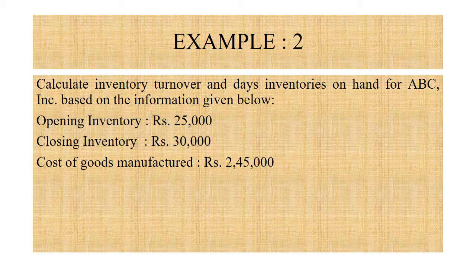That is, we have to calculate the material turnover ratio in times as well as in days. Here it's given opening inventory, closing inventory, and cost of goods manufactured. So we'll find out how to calculate the inventory turnover ratio in times firstly.